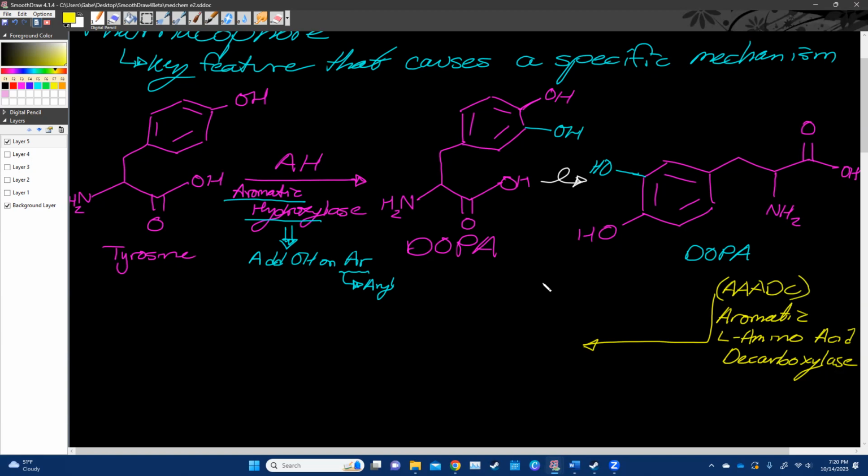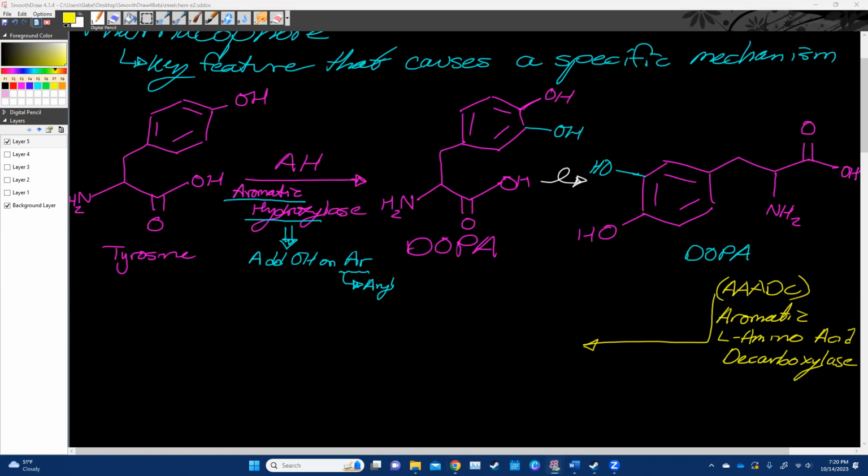Some people even just abbreviate it to the DOPA decarboxylase as well. But the reason why I spelled this out specifically is because any aromatic amino acid will get metabolized, which is exactly how droxydopa works, right?